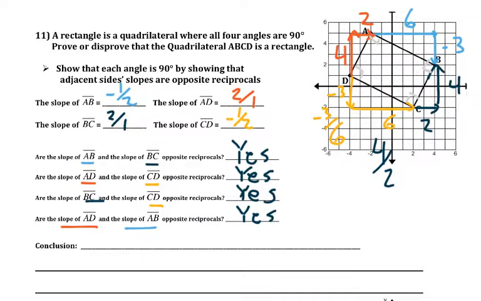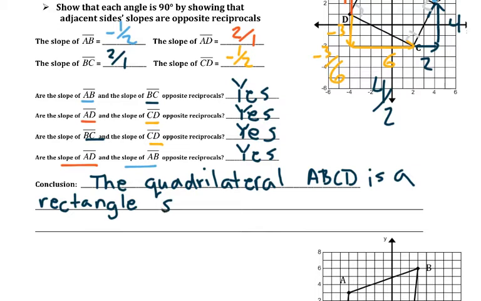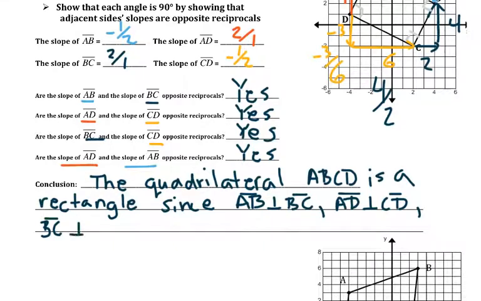So we're going to say the quadrilateral ABCD is a rectangle, since, here's our justification, AB is perpendicular to BC, AD is perpendicular to CD, BC is perpendicular to CD, and AD is perpendicular to AB.